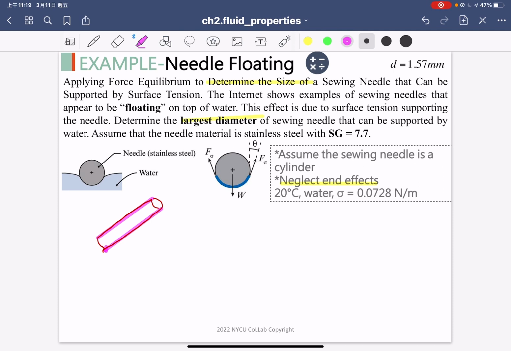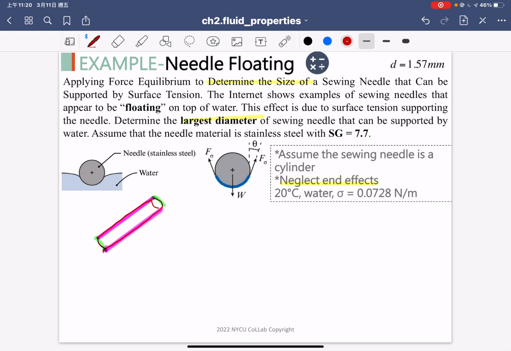And for the end of the needle, we neglect the end effect, so we don't consider the force located on the end of the needle. We only focus on the cross line along the interface between the water and the needle.